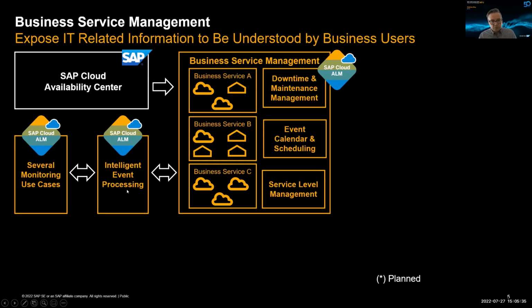This is not yet implemented, but we are currently building the possibility to also inject metrics or events from the monitoring use cases. So that we can say, from a monitoring of your services, which you are doing in another application, for example integration monitoring, we would detect that something severe is not working.